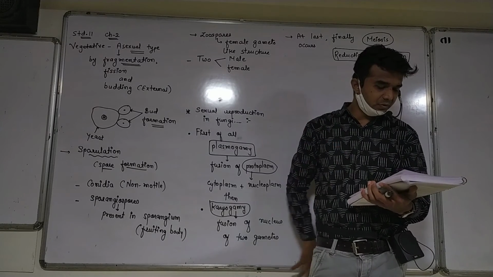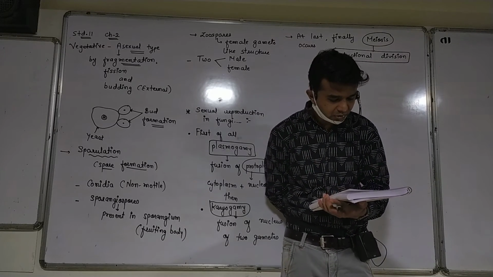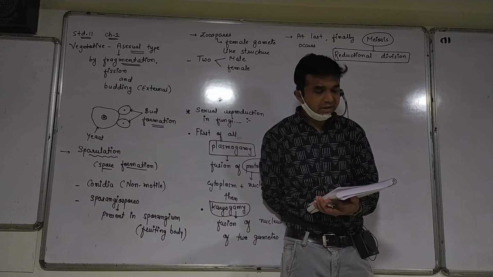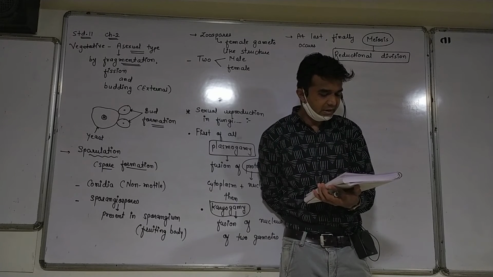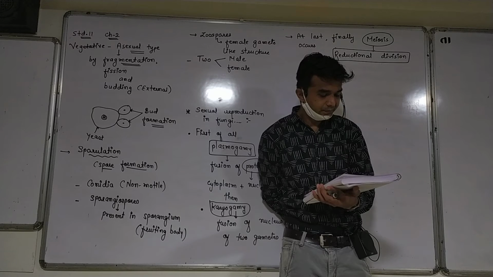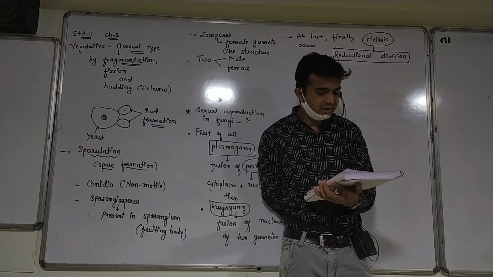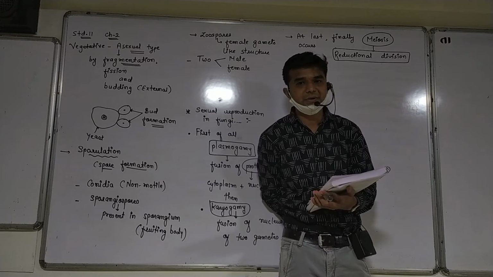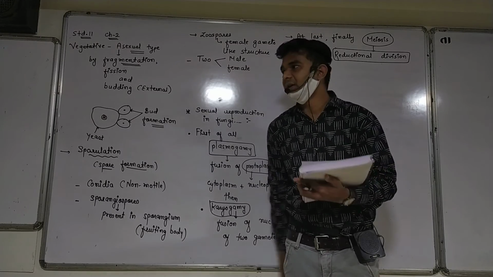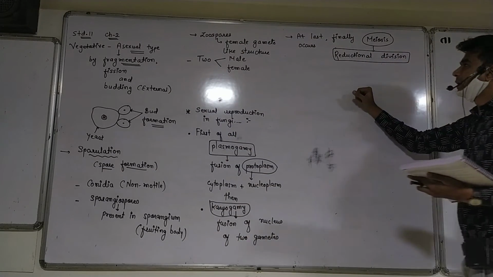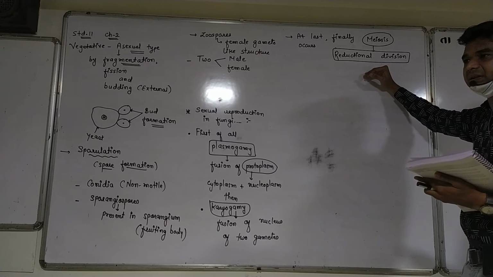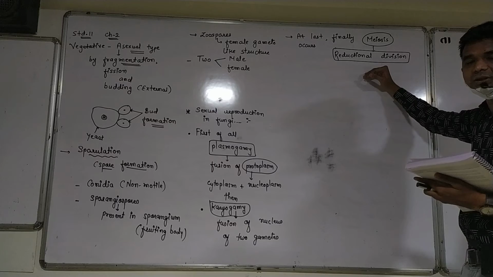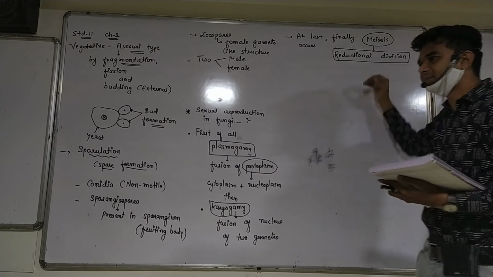So fusion of the protoplasm between two motile or non-motile gametes is called plasmogamy. Fusion of two nuclei is called karyogamy. Meiosis in the zygote results in haploid spores. Here the zygote is diploid, 2n, and after meiosis the zygote produces haploid spores.